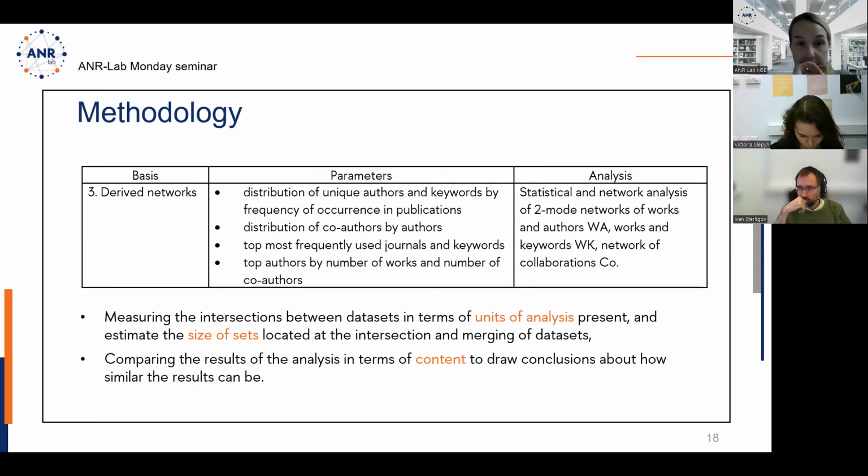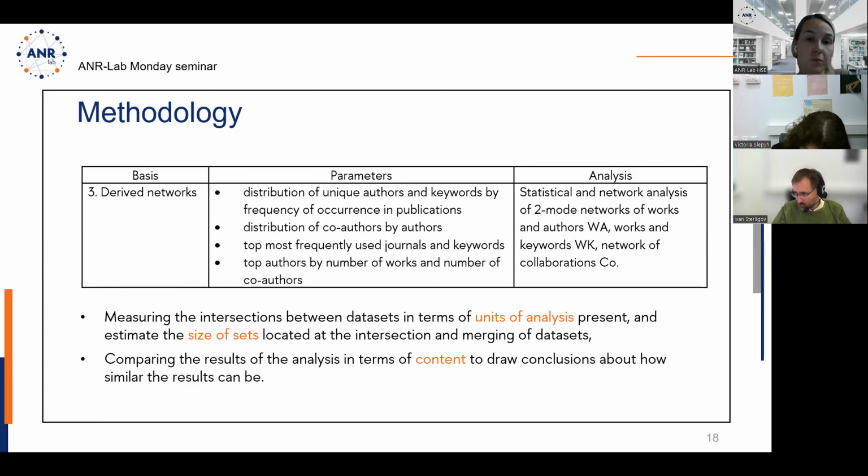And then finally, we used data sets and we constructed different types of networks. And we compared two databases according to distribution of unique authors and keywords by frequency of occurrence in publications. Then distribution of co-authors by authors.